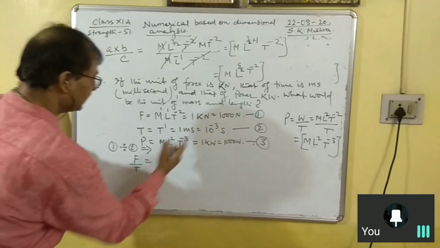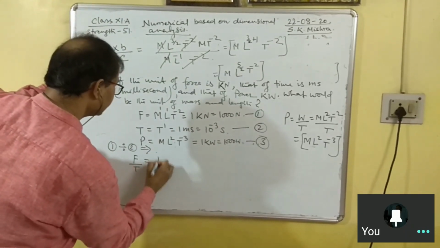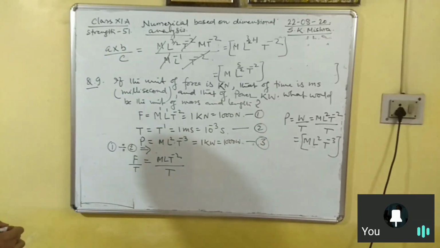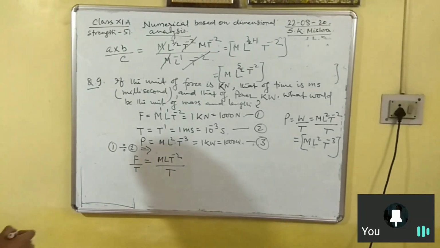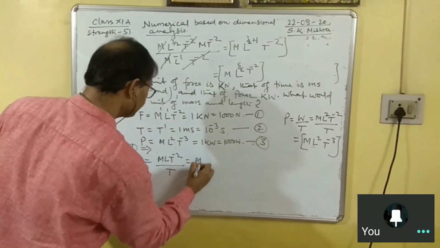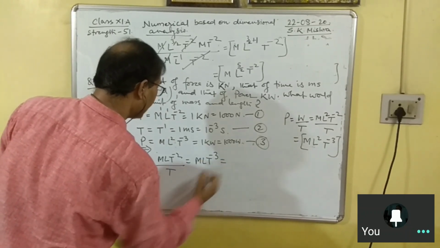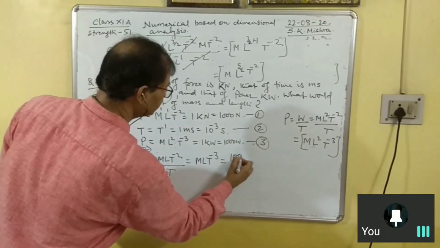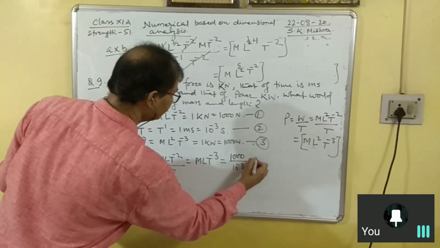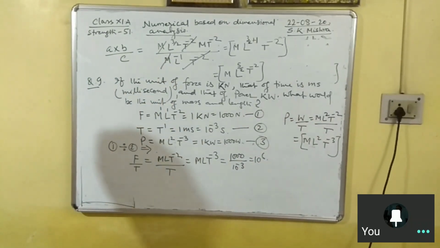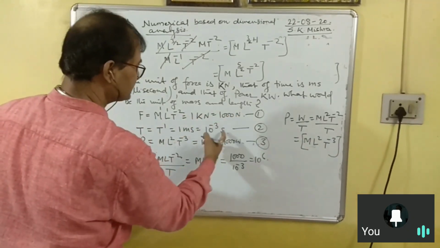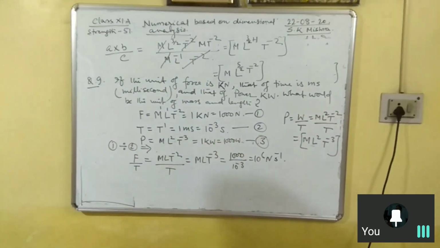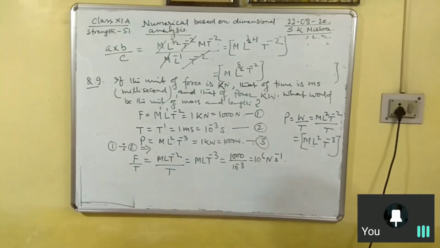F is mLt minus 2, divided by T, so you get mLt minus 3, equal to 1000 by 10 raised to minus 3, which is 10 raised to 6 Newton per second. Assume it as equation 4.